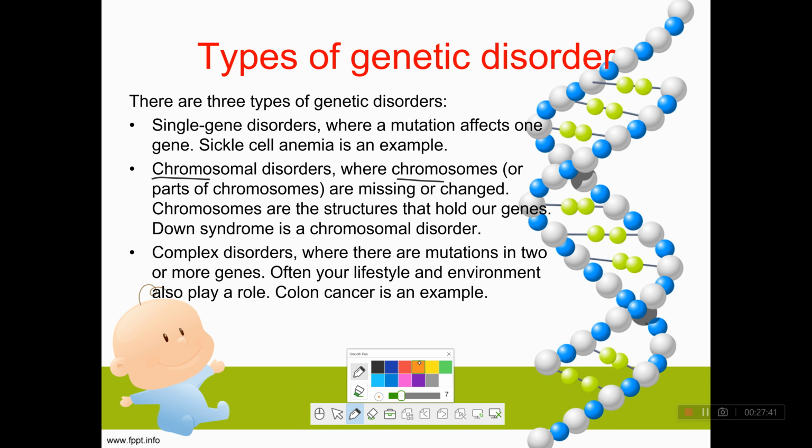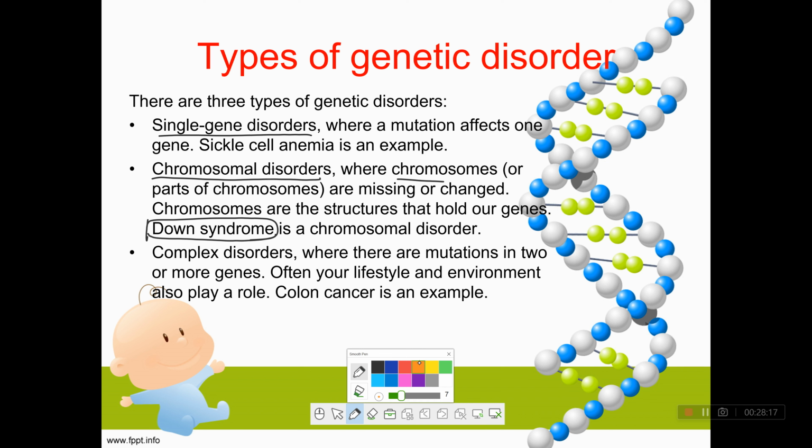So that disorder is known as chromosomal disorder, right? Chromosomal disorder occurs in a chromosome, the structure that holds our genes. Examples of chromosomal disorder are Down syndrome, Turner syndrome, Klinefelter syndrome.